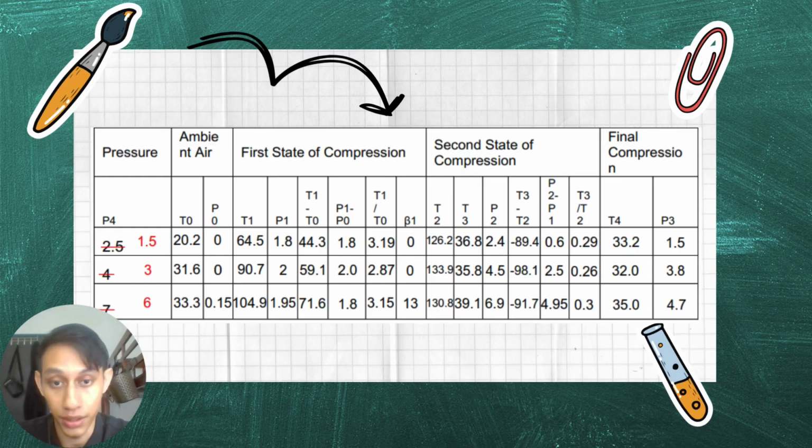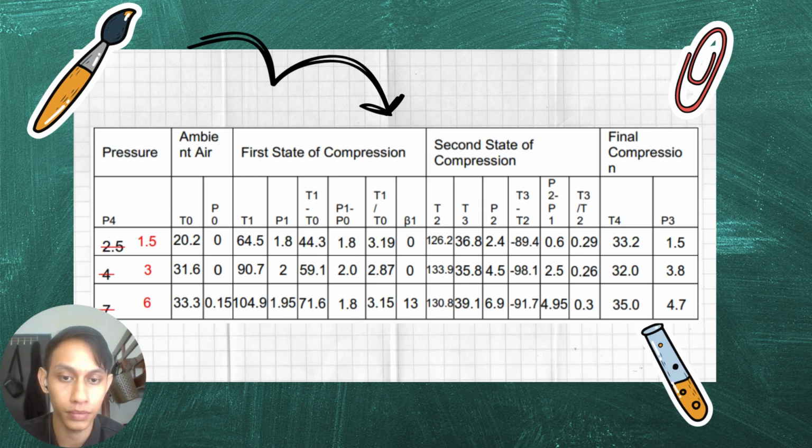So, as you can see, there are three different pressure levels, which are 1.5, 3, and 6 bar absolute pressure for P4. If you look beside the pressure section, you can see that we ascertained the data for the ambient air for the three different pressure levels.